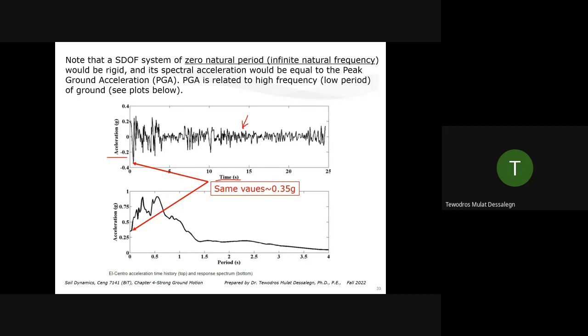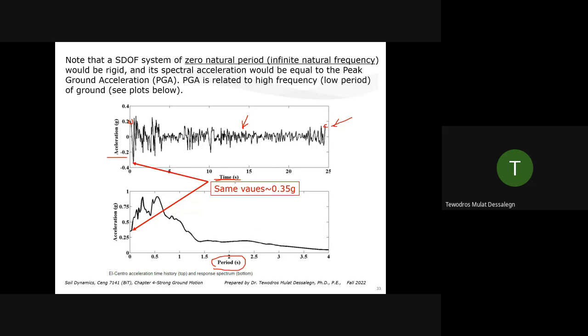You can see that the initial value is not 0 and the final value is not 0, so this needs to be corrected. You smooth it, you filter the unwanted frequencies, and you plot it. Or directly from this raw data, you can get the response spectrum plot. This is the corresponding response spectrum. This is in time domain. This is in frequency domain or in periods.